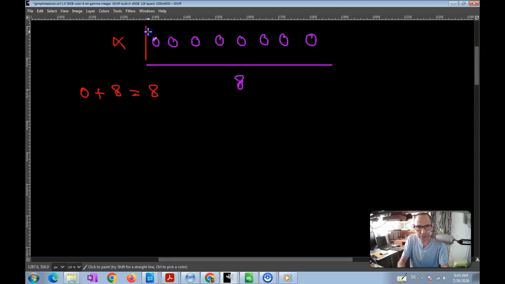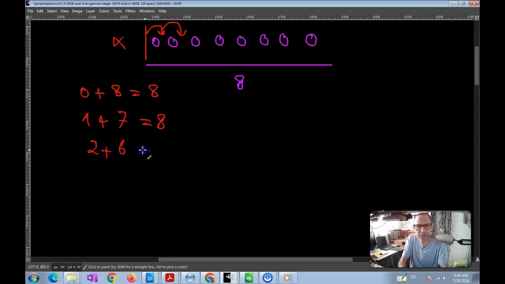Then this separator, I can move it over here. Now I have 1 bit over here and 7 bits over here. So 1 plus 7 would be equal to 8, right? The same separator, I can put it over here. Now I have 2 bits over here and 6 bits over here.